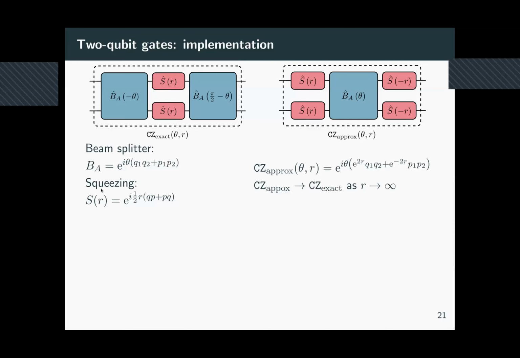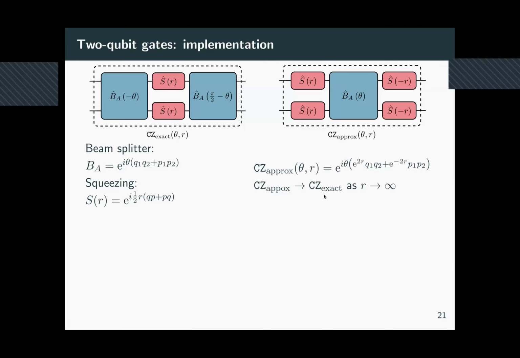So if you just think of the beam splitter operator, you have P1, Q2 plus P1, P2 in the exponent. And if you do some layers of squeezing before and after a beam splitter, then you can essentially exponentially amplify the effect of the Q1, Q2 term and exponentially suppress the P1, P2 term. So in this way, you can also approximate the CZ gate by pre-squeezing and post-squeezing your GKP state.